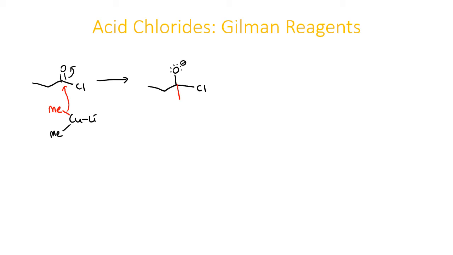Now, just like a Grignard reagent, we have formed a new carbon-carbon bond. Then we will reform the carbonyl, kicking off the chloride. And we now have a ketone.